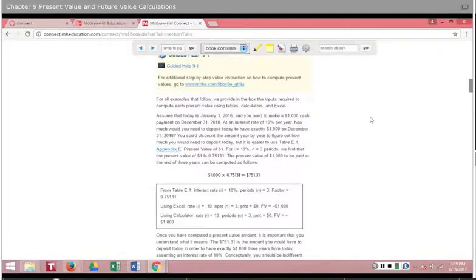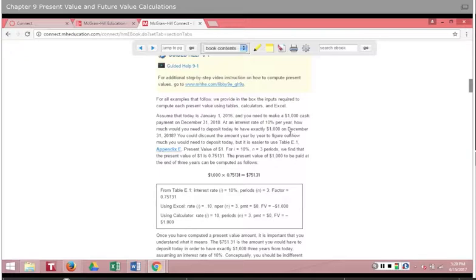It says, assume that today is January 1st, 2016, and you need to make a $1,000 cash payment on December 31st, 2018. So you can see that that would be the end of 2016, the end of 2017, and the end of 2018. So that would be 3 years from now, January 1st.